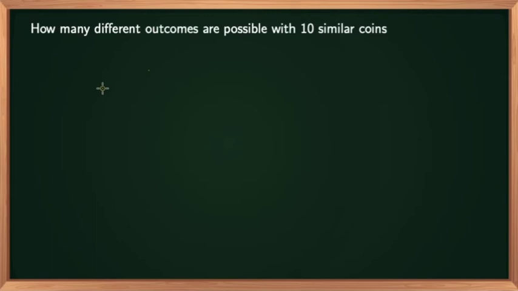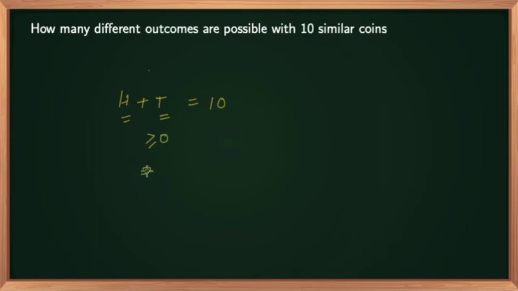How many different outcomes are possible with 10 similar coins? So we have 10 similar coins and each coin can have an output of either head or tail. So the number of heads plus number of tails must be equal to 10. And the number, head or tail, must be an integer which is greater than or equal to 0.